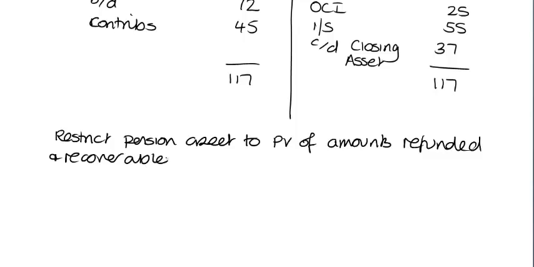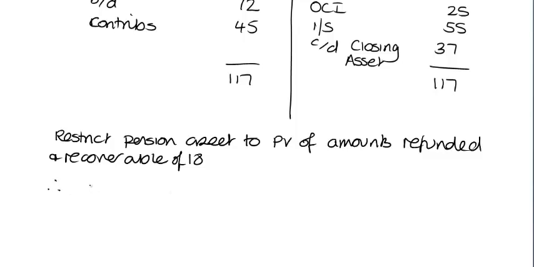And that's what the examiner mentioned here in the final sentence at the bottom of the question. The present value of the refunds and reductions, so we're going to restrict the asset to 18 million.